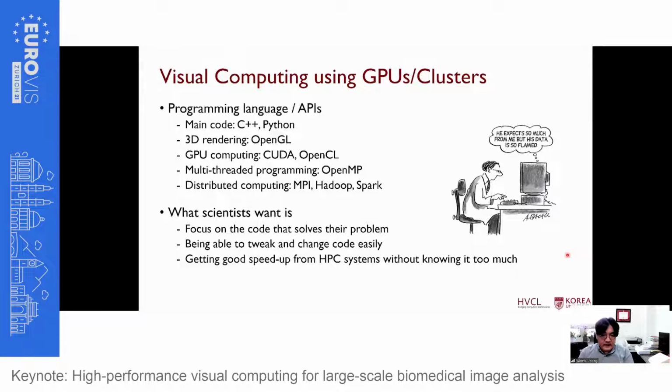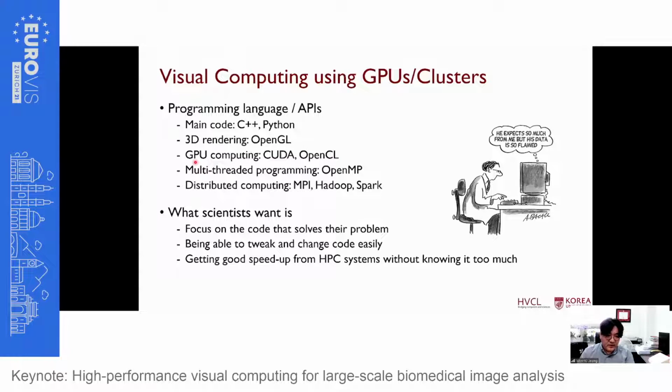The idea that I brought up this popular language list is something like this. If one wants to use, for example, GPUs or GPU clusters in their research, and make a fast program and do some visualization, then what we need to know is this. For example, main code has to be written in C++ or Python, and 3D rendering has to be done using OpenGL or some other graphics API.